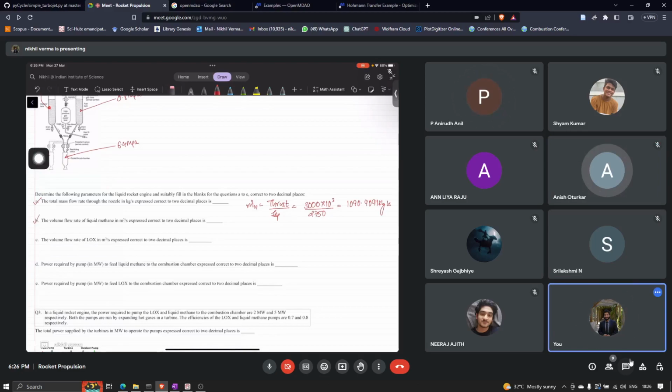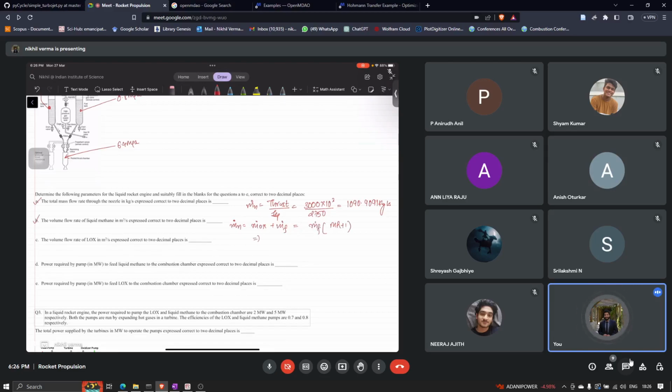So next is the volumetric flow rate. To calculate the volumetric flow rate, let us first calculate the mass flow rate to the engine. The mass flow rate to the nozzle through the exit is equal to the mass flow rate of the oxidizer plus the mass flow rate of the fuel, which is equal to the mass flow rate of the fuel times mixture ratio plus 1.